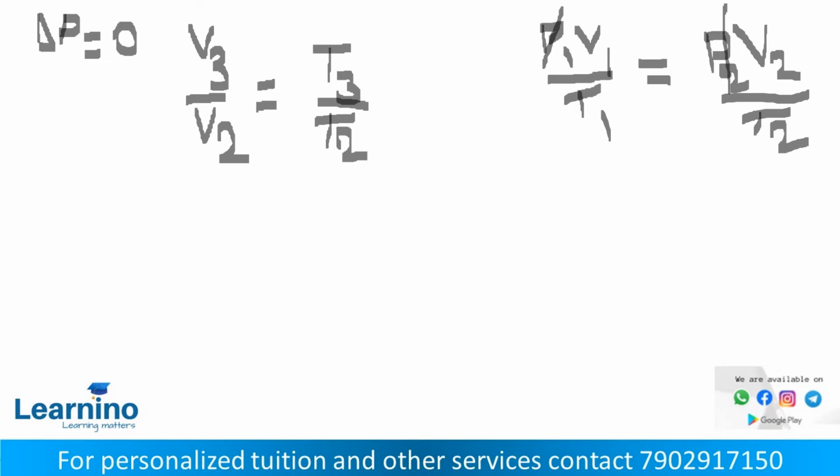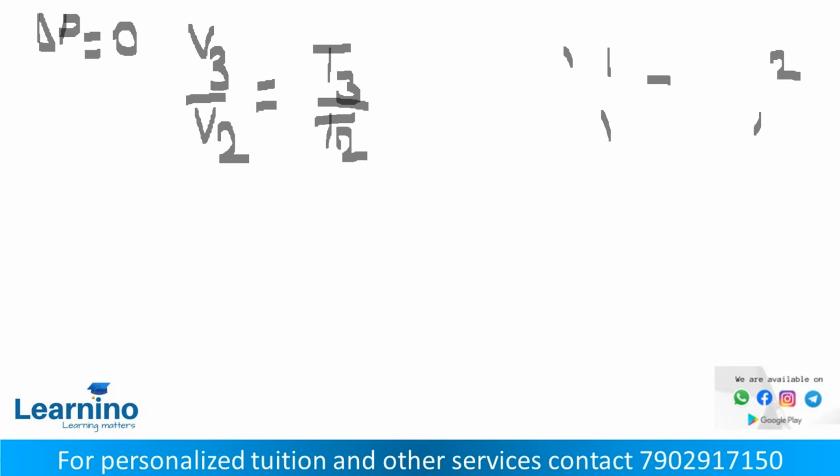So V1 by V2 is equal to T1 by T2. Here the 2 to 3 stage is considered, that is why we write V3 by V2 is equal to T3 by T2. Right? No doubt?